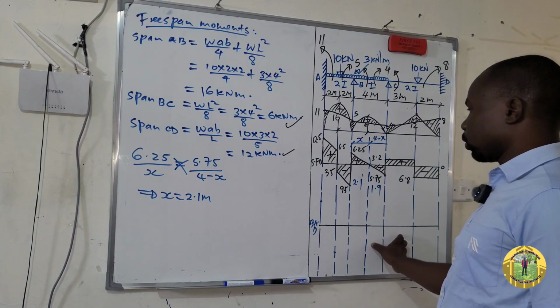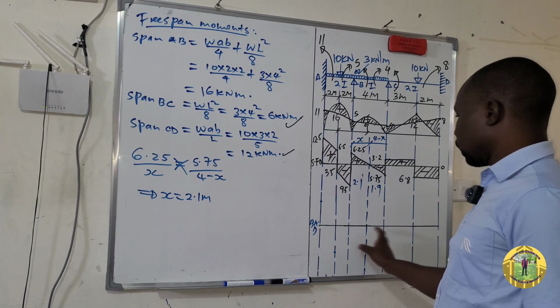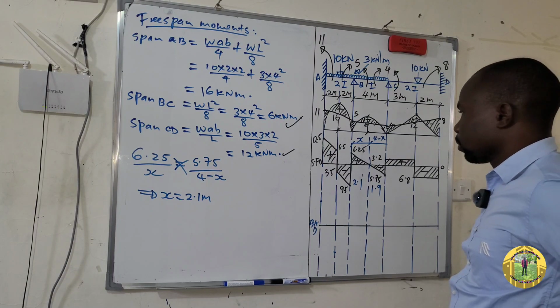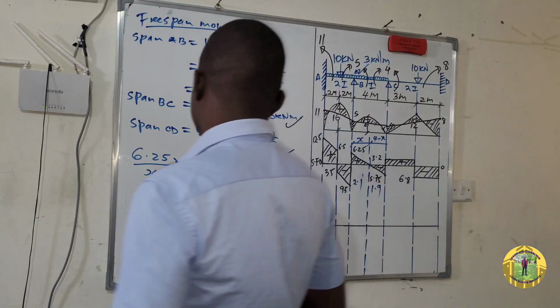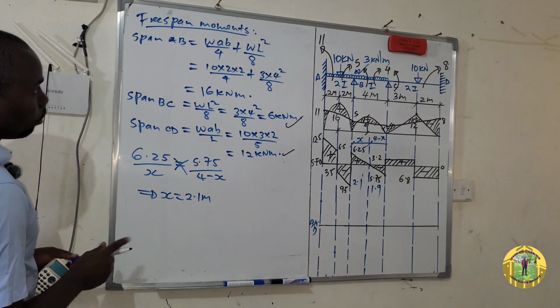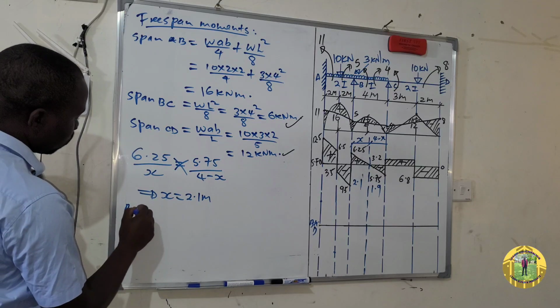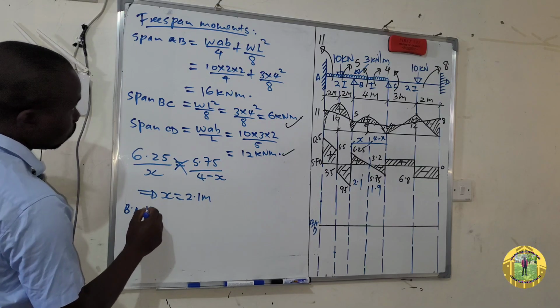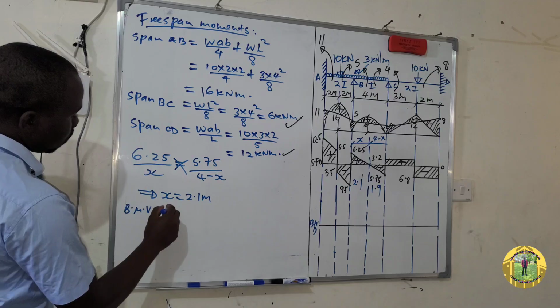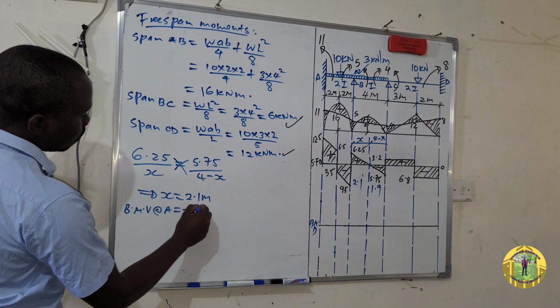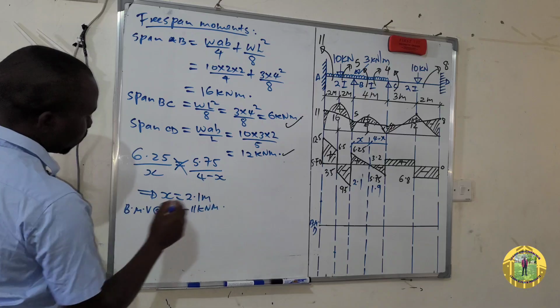Now this second approach, draw the baseline and call it BMD, or bending moment diagram, and therefore come here and say bending moment value at A is equal to negative 11 kilonewton meter.